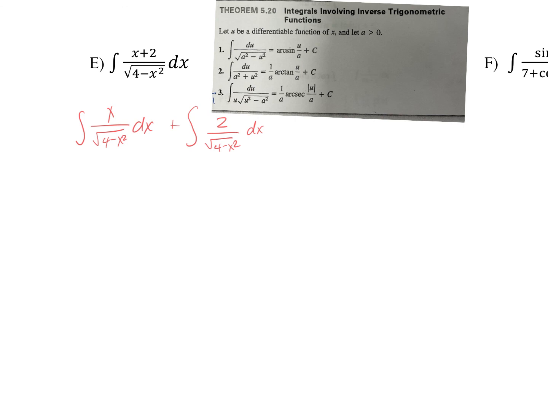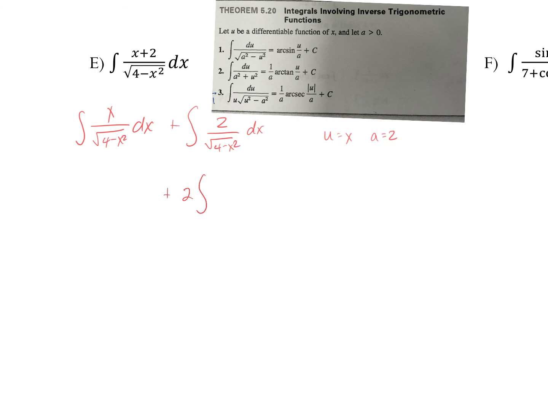That one follows arc sine? Yeah, the second one, especially when you consider I can take this 2 and move it out to the front. The second one follows arc sine pretty well. So as I look at it, I might call this 2 times, and then u would equal x, and a would equal 2.